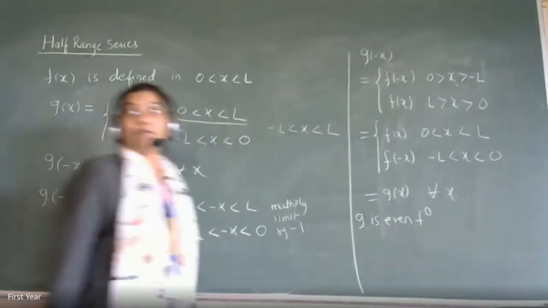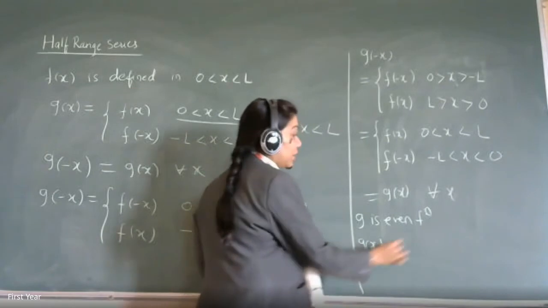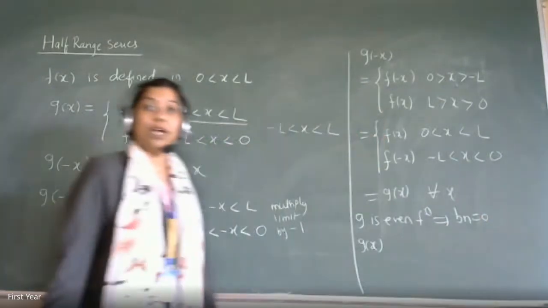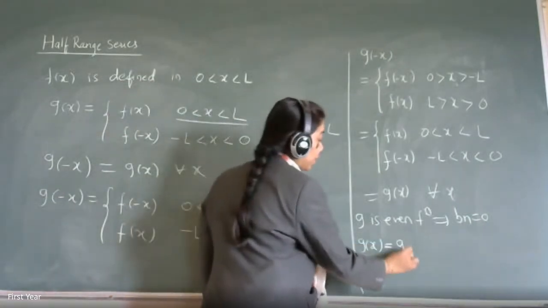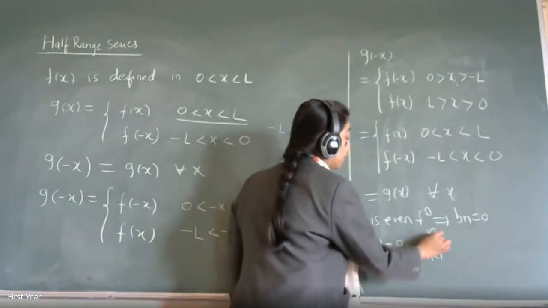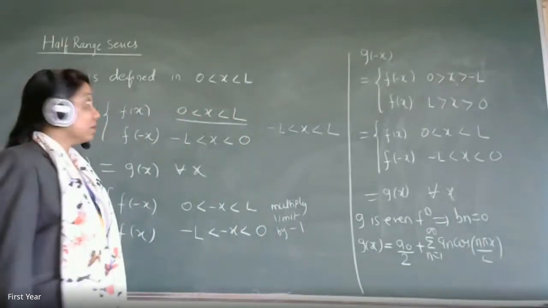G is an even function, and therefore what will be the expansion for g of x? If g is even, this implies bn is 0. Once bn is 0, your g of x expansion will be a naught plus summation an cos of n pi x upon L. What will be the formula for a naught?